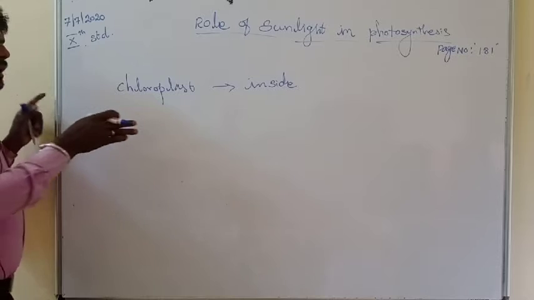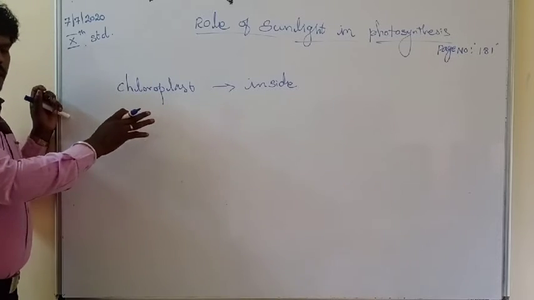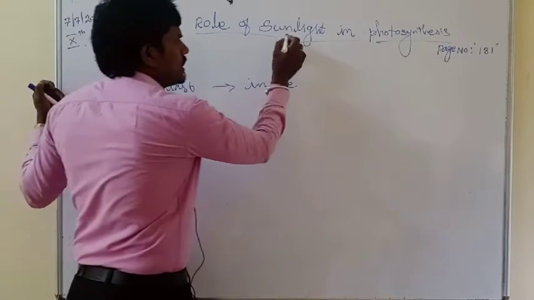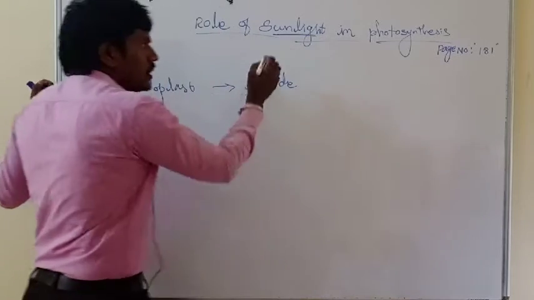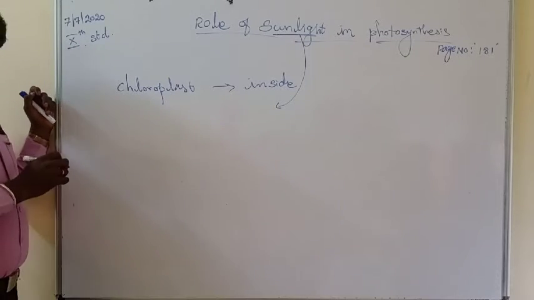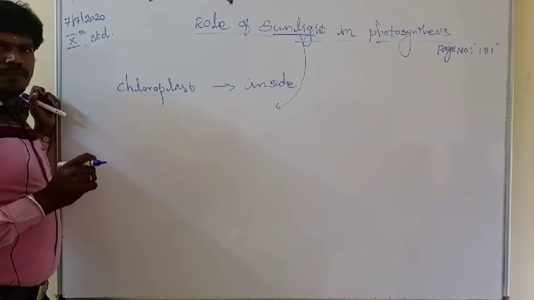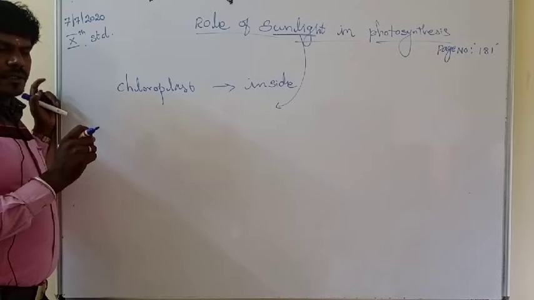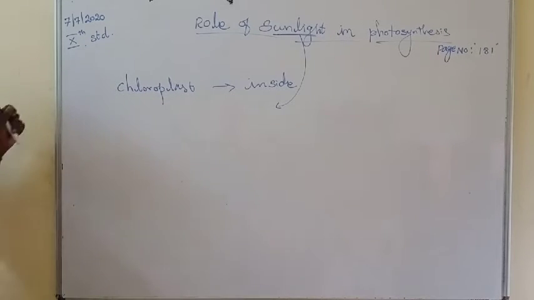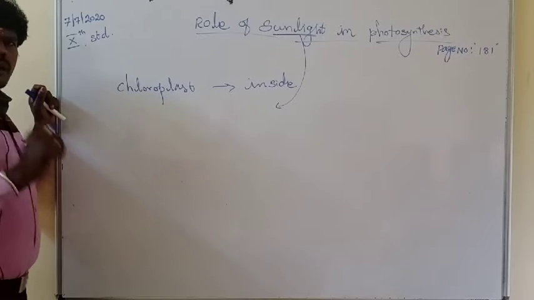Okay, so in the chloroplast there is the light dependent reaction, because we have mentioned the role of sunlight. The light dependent reaction is called the light reaction, and the light independent reaction is called the dark reaction.